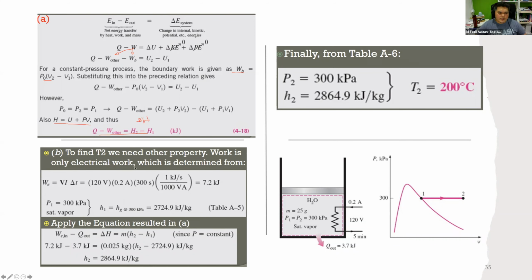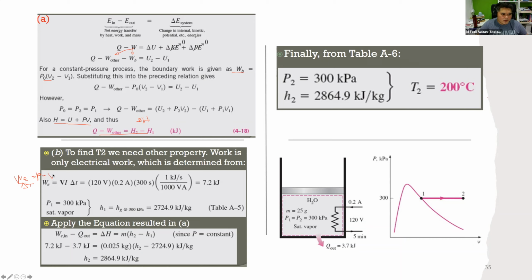Work is only electrical work, which is determined from, okay, we know that in order for us to determine the work of the electrical, VI multiplied with delta T. Because we know that work divided by delta T equals power, which is expressed in watts.